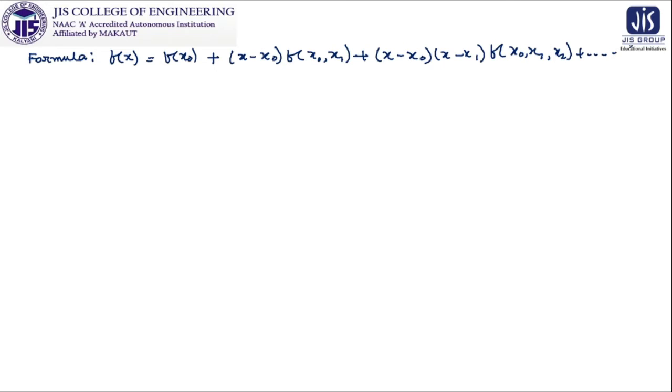So obviously if the total number of data is x0 to xn, accordingly x minus x0, x minus x1, x minus x2, up to x minus xn, and the divided difference will also be considered accordingly. When we give some specific example for this problem, it will be more clear to us.